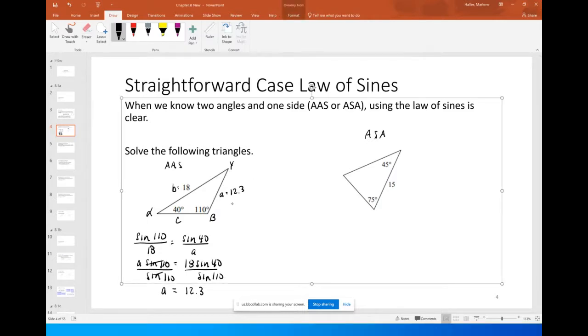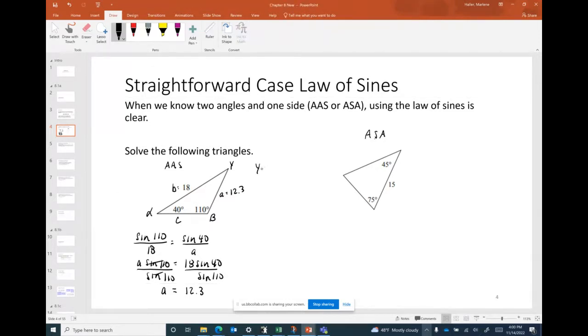Now we've got to figure out gamma and C. I know neither one of them, so I can't use a ratio here, but I do know that the sum of the interior angles of a triangle equal 180. So I can say that gamma is equal to 180 minus 110 minus 40, or gamma is going to be equal to 30 degrees.